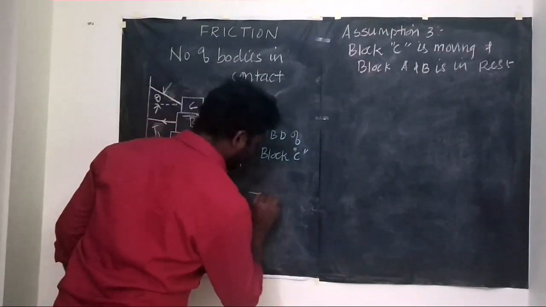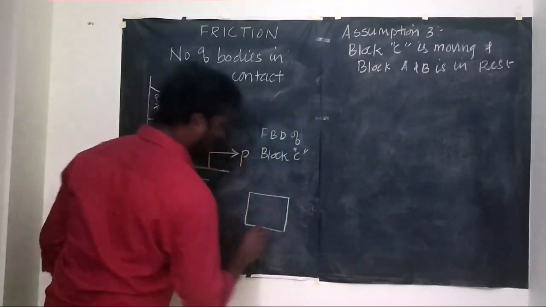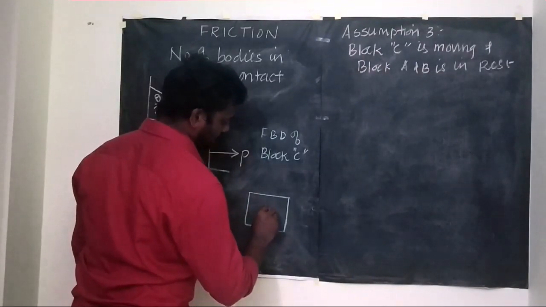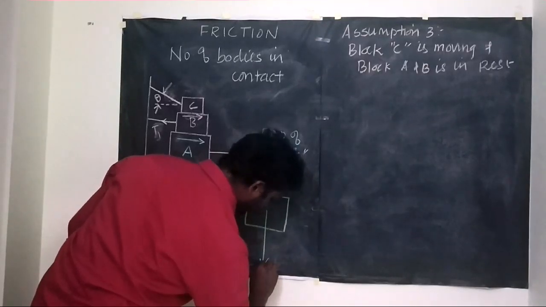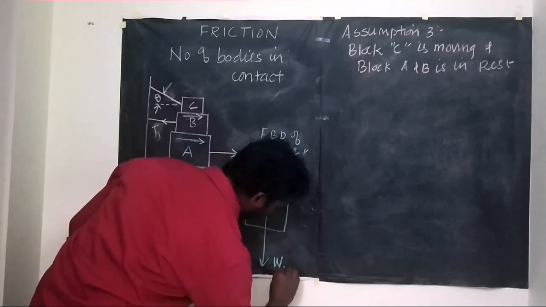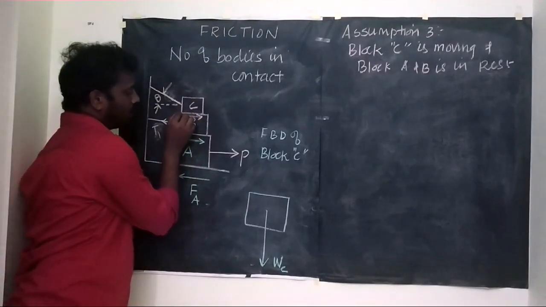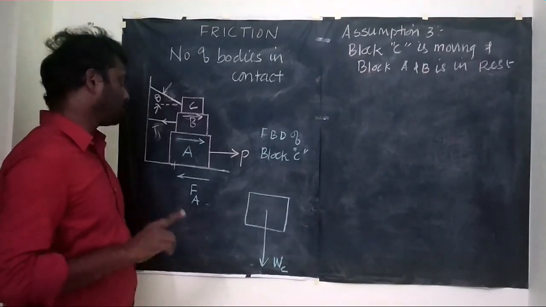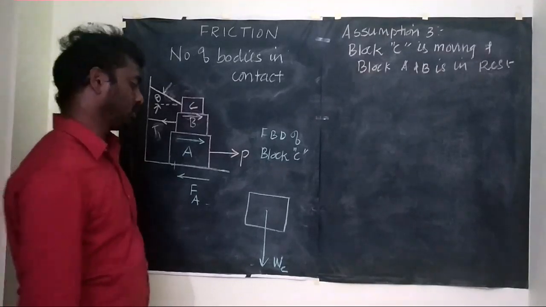This is my block C. This is the center of gravity of block C, on which the self weight acts towards the ground. That is mentioned by the letter capital WC. Then this horizontal plane exerts some normal reaction force on block C for its equilibrium position.